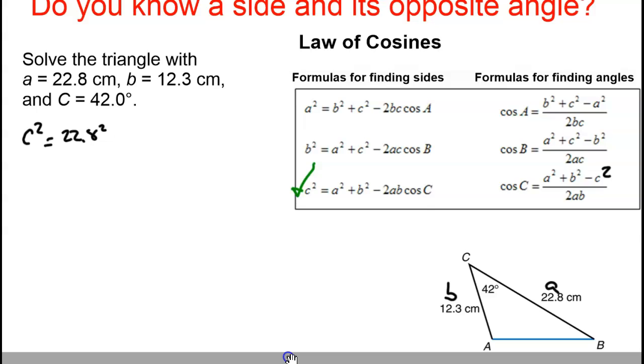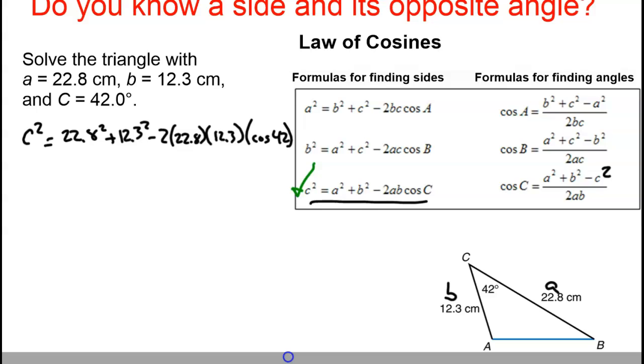and continuing on with the formula, C squared equals 22.8 squared plus B squared, which is 12.3 squared, minus 2 times A, which is 22.8, times B, which is 12.3, times cosine of C, which is cosine of 42.